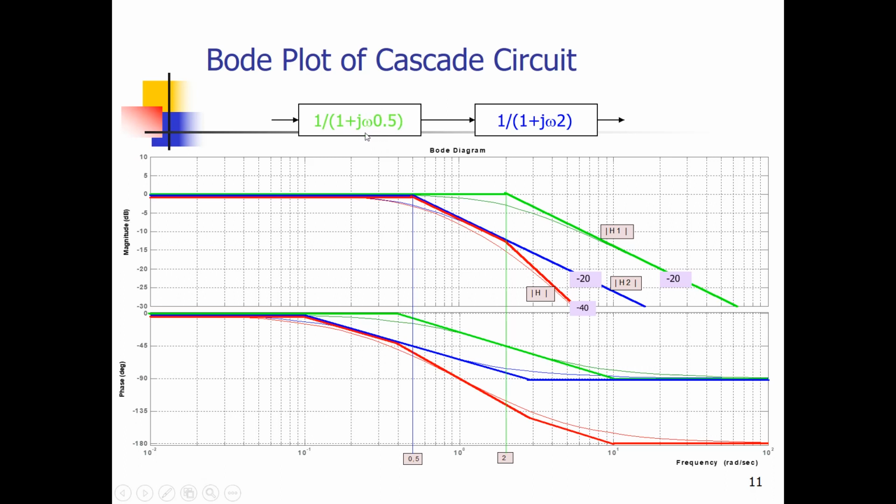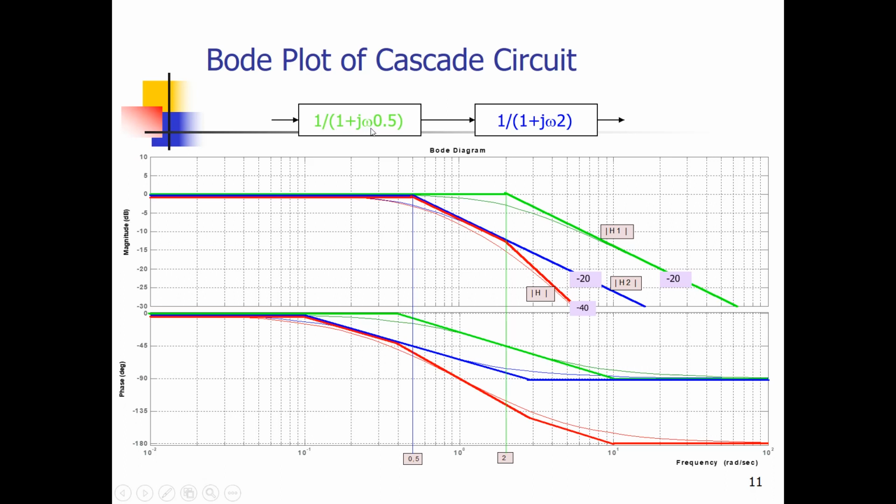From this system, we have seen that we can calculate the crossover frequency. For calculating the crossover frequency, we can set the imaginary value over here, everything besides the j, which is omega times 0.5, equal to the real part. So omega times 0.5 is equal to 1.